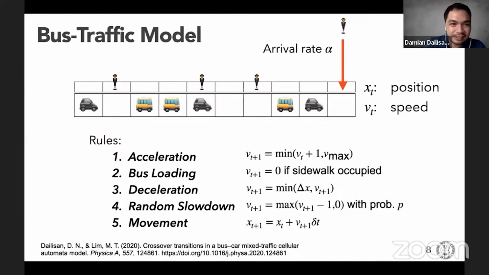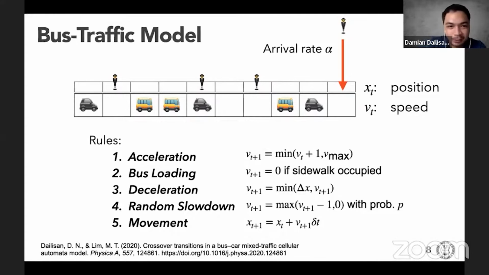So we did just that. We have added a new vehicle type to the model. So we added buses to the model. These buses could be any form of public transportation, be it jeepneys or tricycles or whatever, but we just want to call them buses for simplicity. And then we also have the commuters.